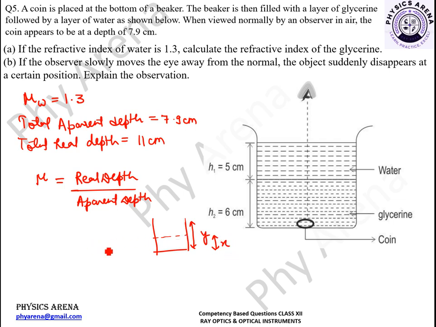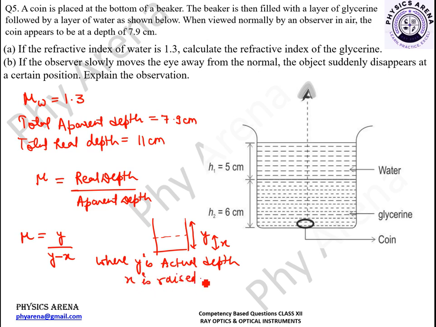So, apparent depth will be y minus x. So, mu will be equal to y divided by y minus x, where y is actual depth and x is raised height or the displacement because of the material present, and y minus x is apparent depth.